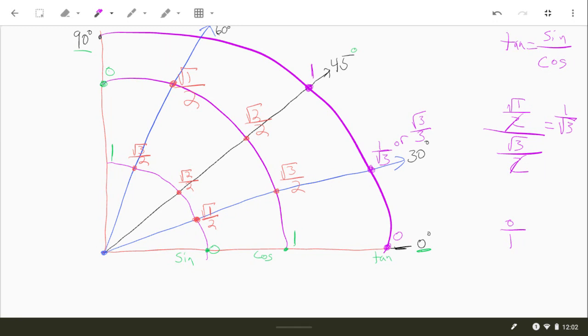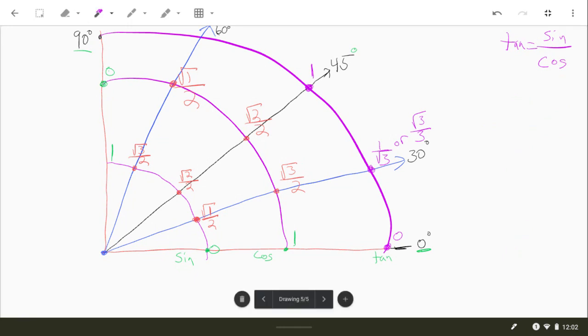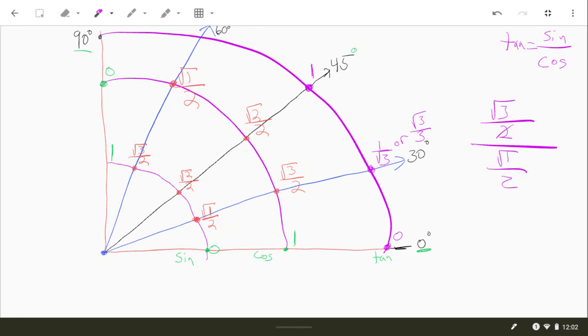If we look at tangent of 60 degrees, sine of 60 was equal to root 3 over 2, and cosine of 60 was root 1 over 2. So the 2's cancel out, and you get root 3 over 1. So tangent of 60 degrees becomes the square root of 3.